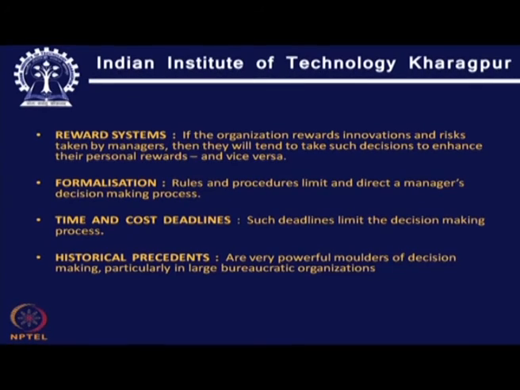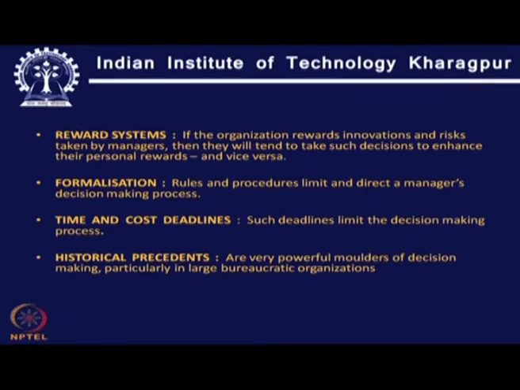Formalization. If there are too many rules and regulations in the process, it will limit the decision making process. Time and cost deadlines: cost is a factor and time is a factor, in the sense that if a decision is too costly or it involves too much time, then such deadlines determine which types of decision making process we are to undertake.